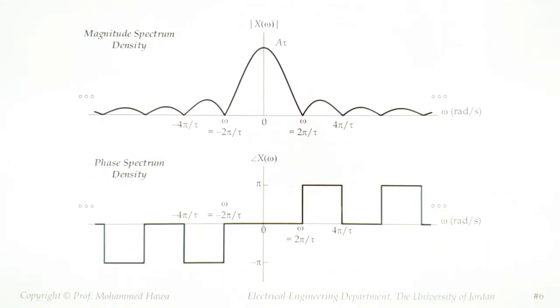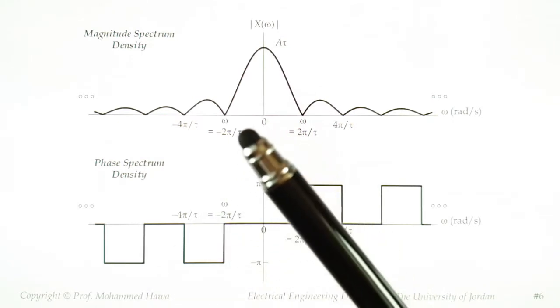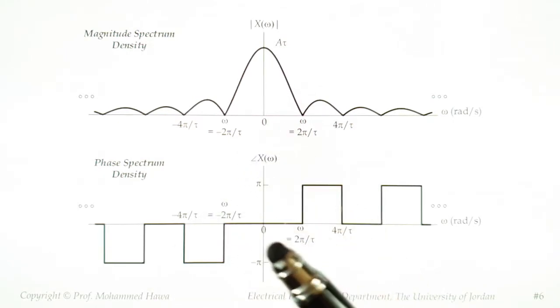I hope you notice that because the signal x of t is aperiodic in this example, what I got for the Fourier transform are smooth curves for the magnitude spectrum density and for the phase spectrum density, unlike what I get for periodic signals, which is a group of impulses. Also notice here that because my x of t, which is a rectangular shape, is real valued, what we got is even symmetry for the magnitude spectrum density and odd symmetry for the phase spectrum density.